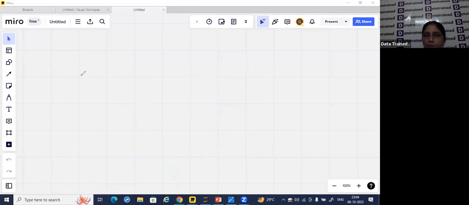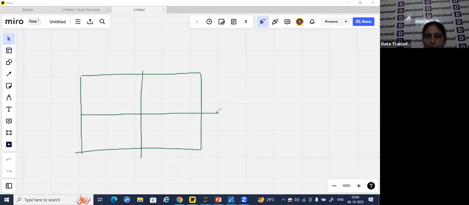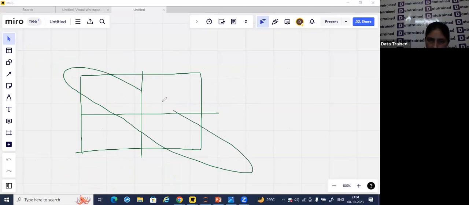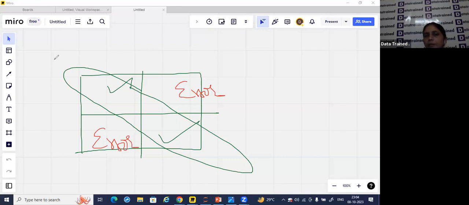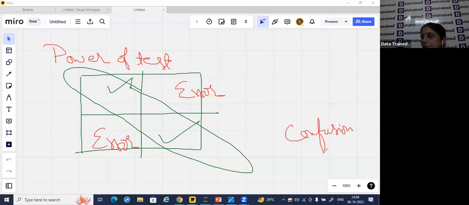So remember that whenever we are checking out the power of test, the values which are lying inside this diagonal, they are the right values. And any values which are incorrectly filled, they will come here into the error zone. And that can happen in the power of test. That can also be called a confusion matrix.